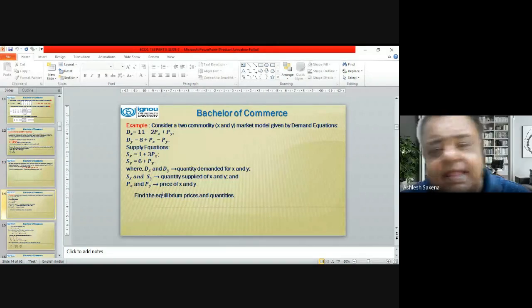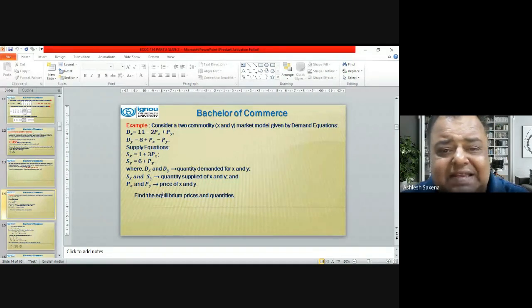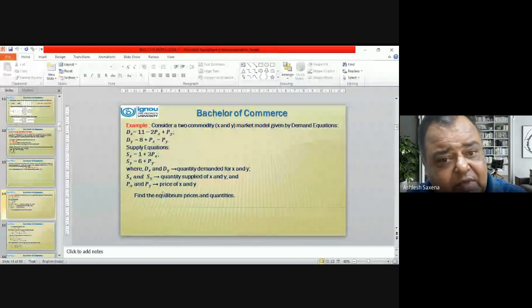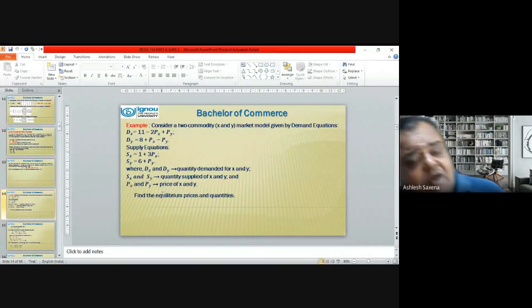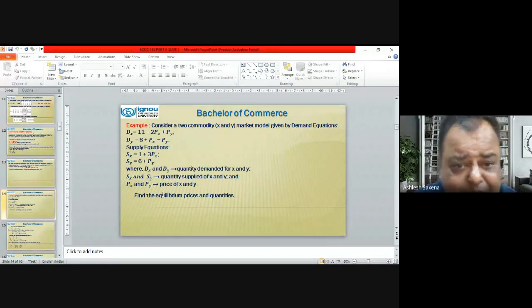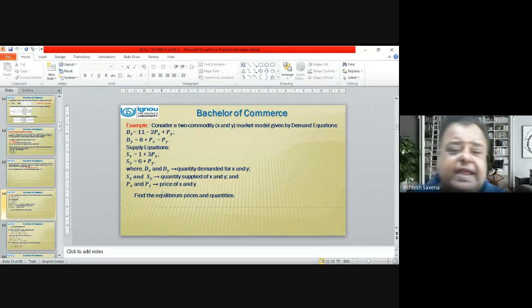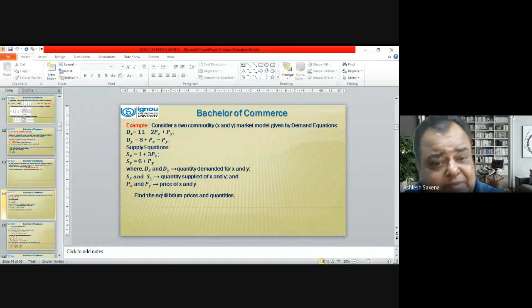Now we will take another problem. We consider a two commodity X and Y market model, which is given by demand equations. That means demand of commodity X and demand of commodity Y. So here the relation is Dx = 11 - 2Px + Py, and for Dy it is 8 + Px - Py.